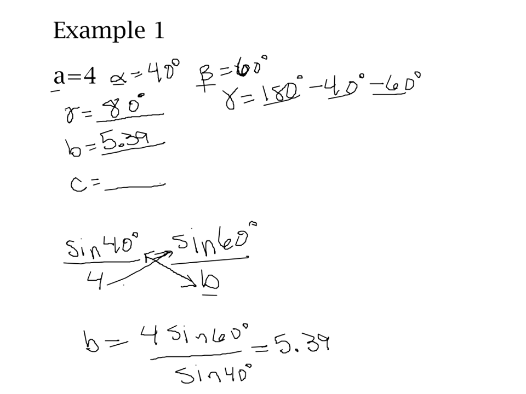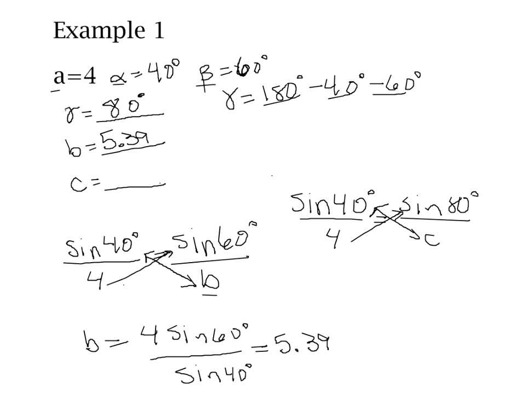Now, to avoid round-off error and to get the correct answer, you reapply the formula. Sine alpha over A is equal to sine gamma over C. And we cross multiply, and we get C equals 4 sine 80 over sine 40.